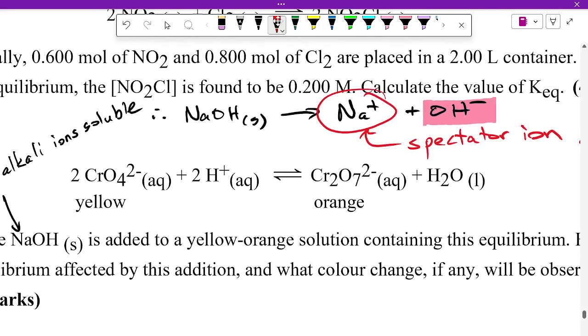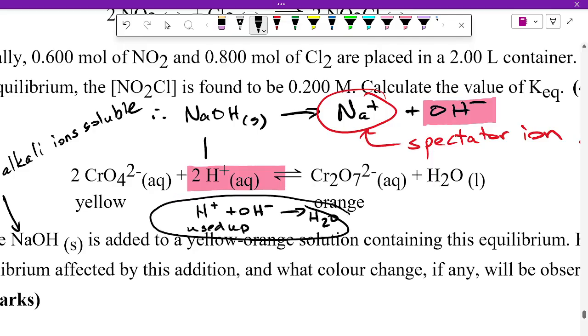It can react with H. So we're going to have H plus OH minus is H2O, which means that hydrogen is getting used up in this reaction here, which means that it is decreasing.